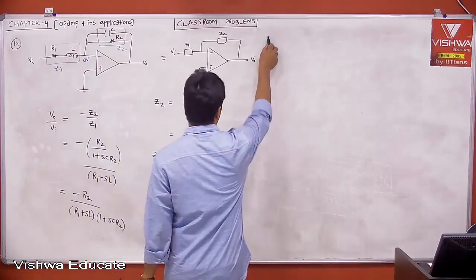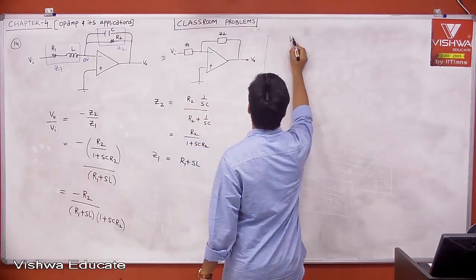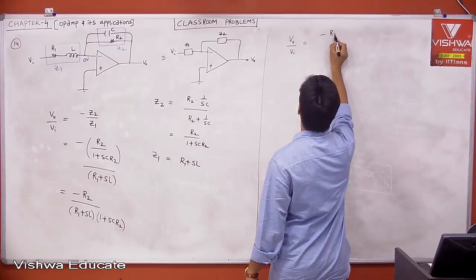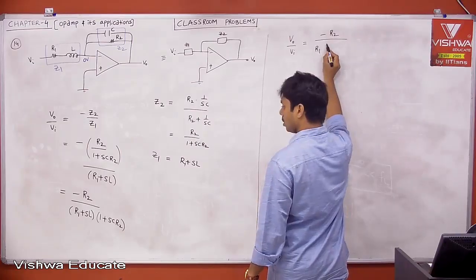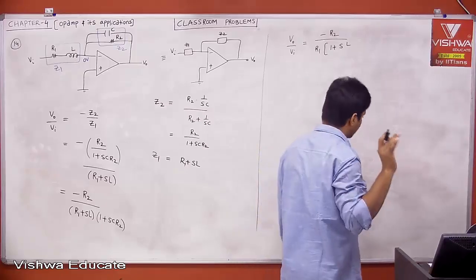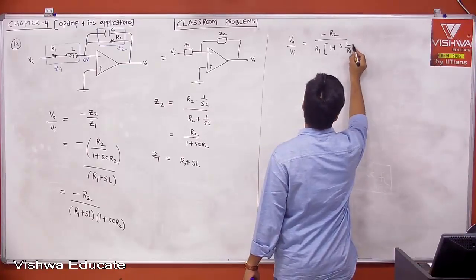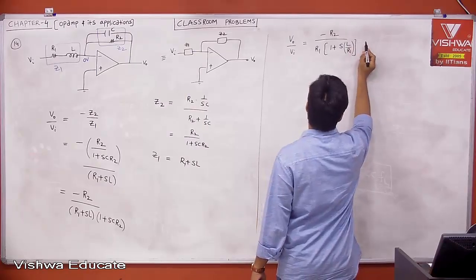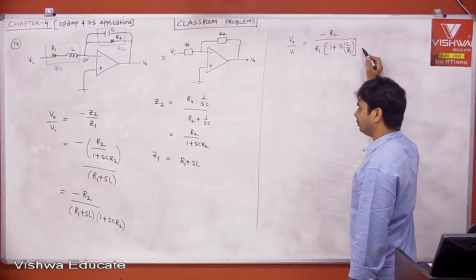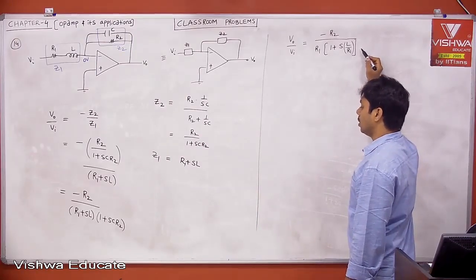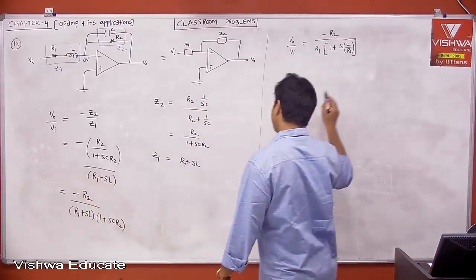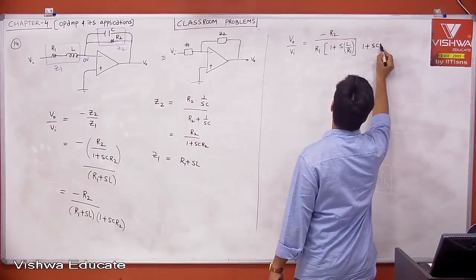Then if I take R1 common, V0 by Vi is equal to minus R2 divided by R1 into 1 plus S into L by R1, into 1 plus SC R2.